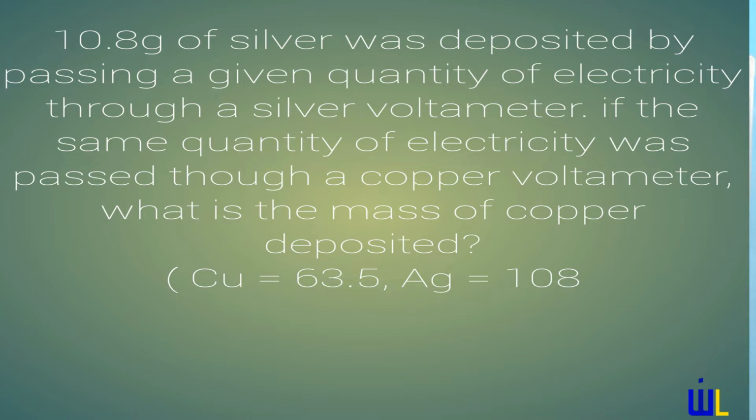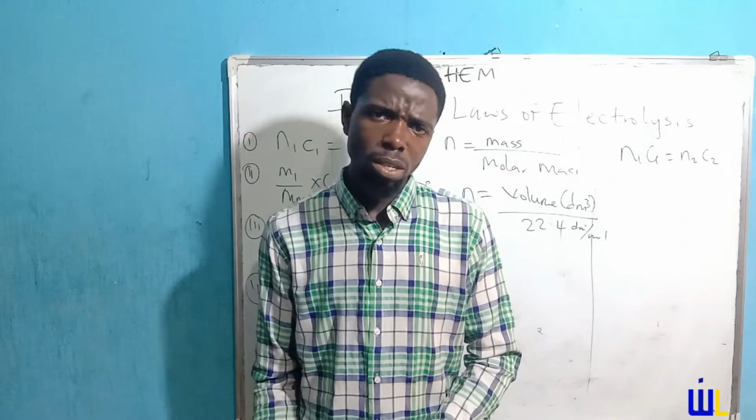If the same quantity of electricity is passed through a copper voltmeter, what is the mass of copper deposited?